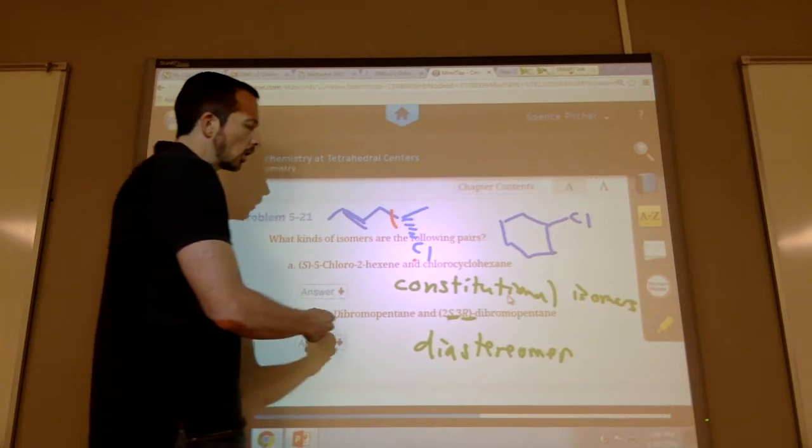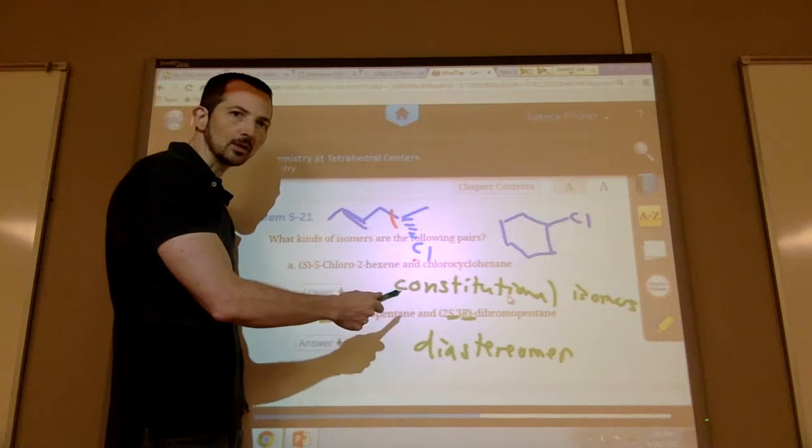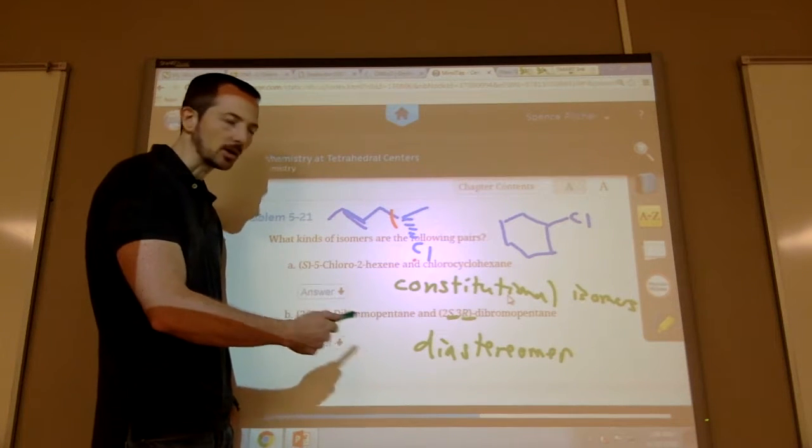But if you're given the R and S configuration, it makes it easy. Remember, enantiomers are opposite at all chiral centers. Identical would be the same at all chiral centers.